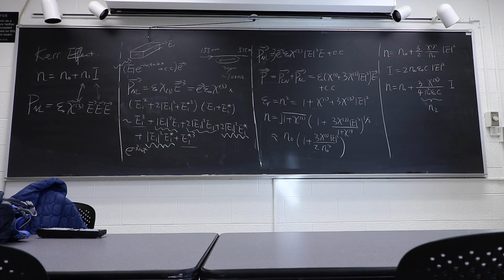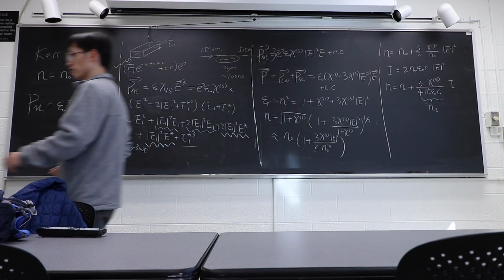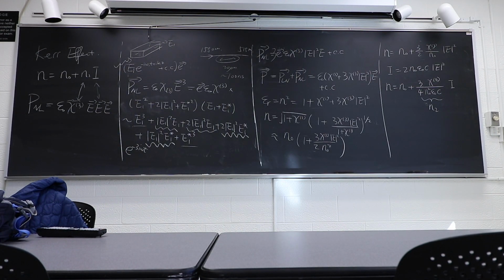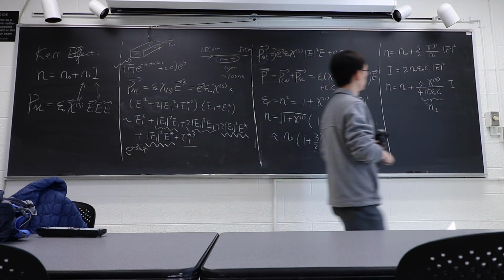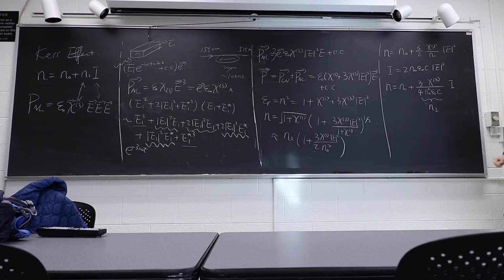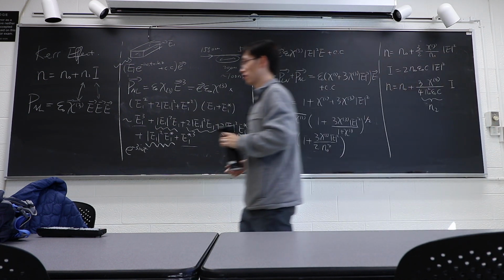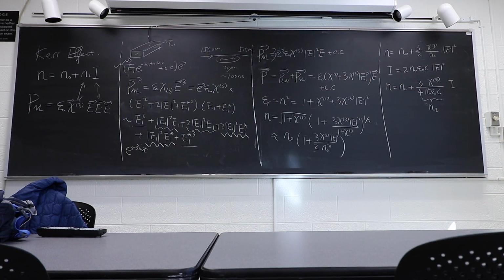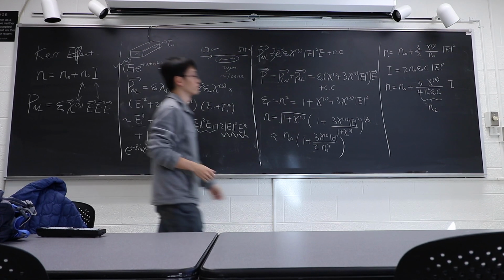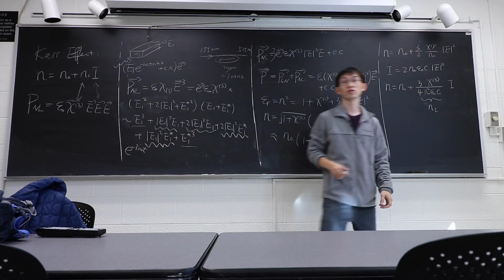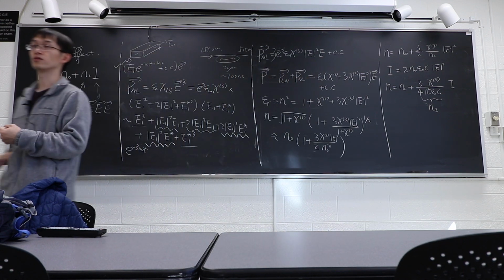Okay. And for some reason, if you look up in the book, the chi3 values for some reason don't agree with this equation. One possibility is that the measurement of n2 is actually quite difficult because it's very, very small.